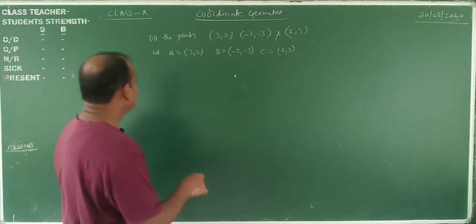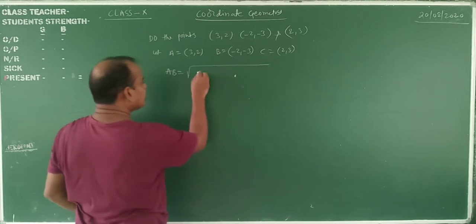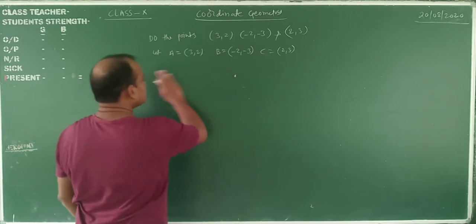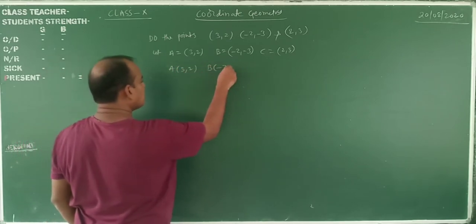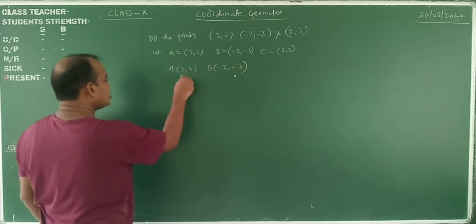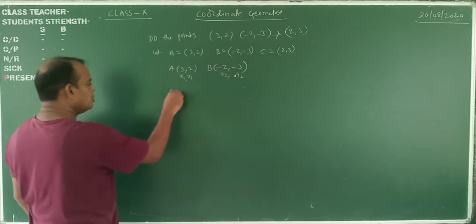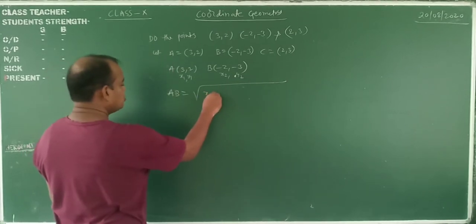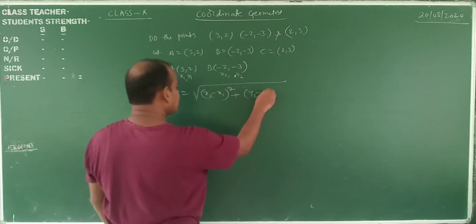First, the distance AB. Write the root formula: the square root of (x2 minus x1) whole square plus (y2 minus y1) whole square.